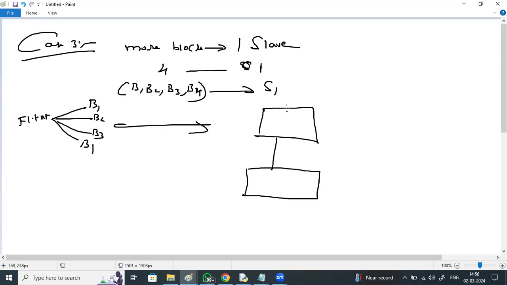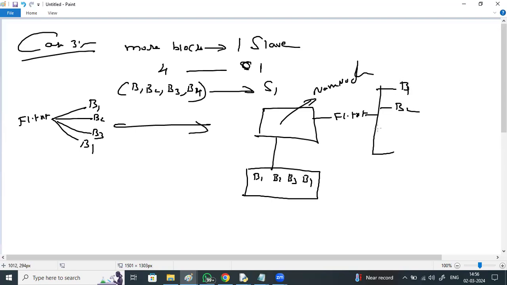Only one system. Here itself B1, here itself B2, here itself B3, here itself B4. This is the master node or name node. F1.txt is divided into B1, B2, B3, B4.